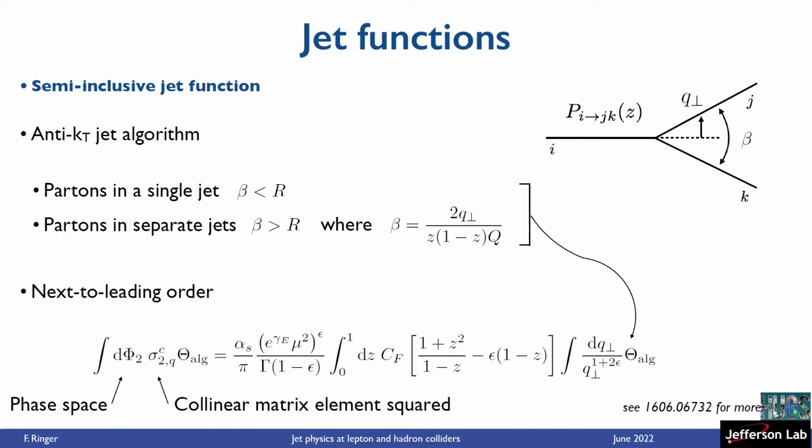These two variables characterize the phase space of the emission, and this is the matrix element squared, here specifically the quark-quark Altarelli-Parisi splitting function. This is what we know from DGLAP evolution of PDFs, where it's also the evolution kernel. Later we'll exponentiate this, but for the fixed order calculation, that's basically the matrix element squared.